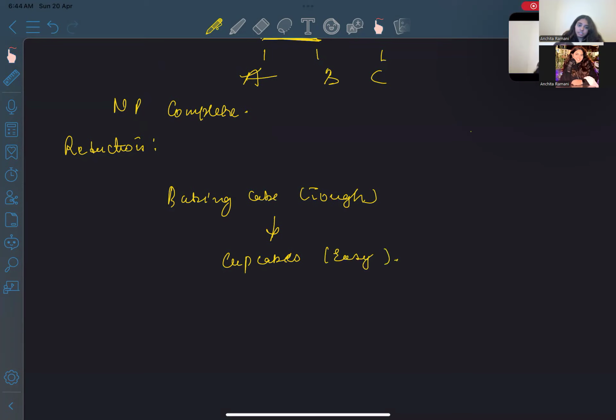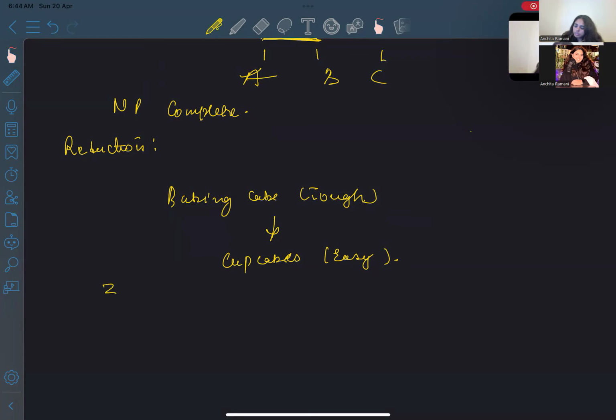In this case, there are two possible conditions: either the cake must also be easy to bake, or the cupcake must be just as hard as the cake, right? That is how we prove something is hard.